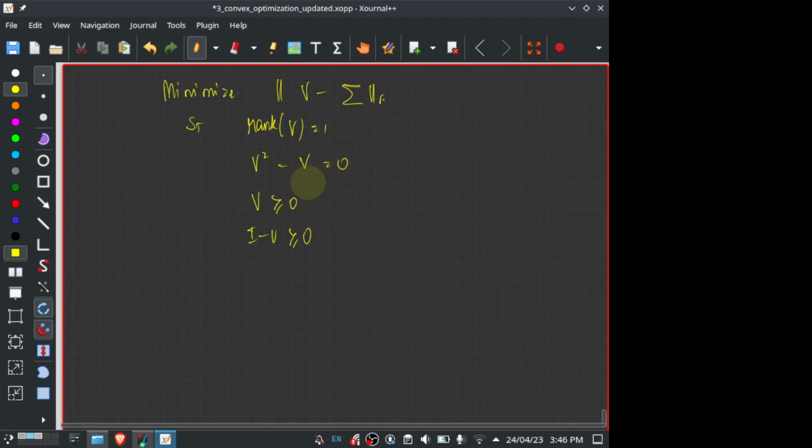Okay, so let's suppose that I relax some of the constraints. In particular, I will relax this particular constraint. So what about the first constraint?